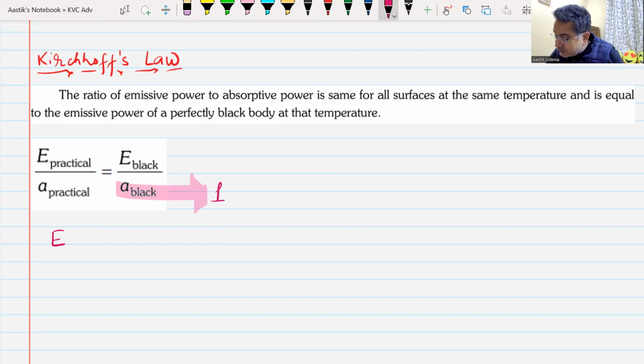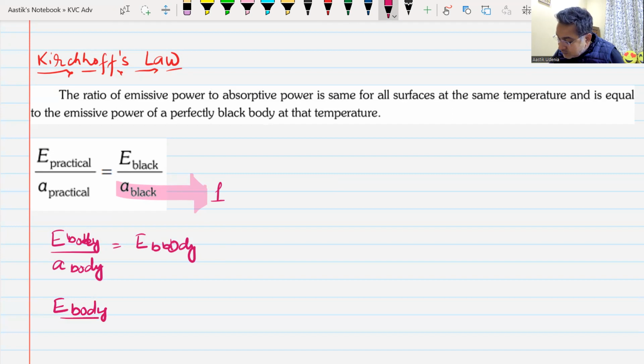Therefore, E of any body divided by A of that body will be equal to the E of the black body. Or I can write it like this: E of body divided by E of black body would be equal to A of the body, the absorptive power of the body.